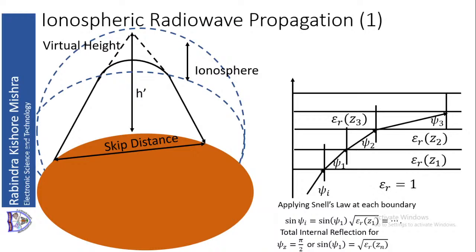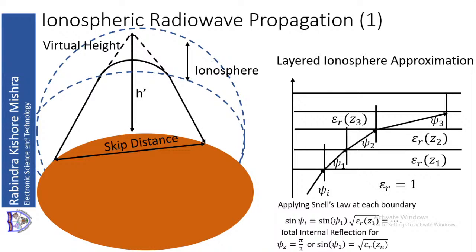In this case, it is possible to have communication over a large distance because of the reflection, or the bending of the wave, through the ionosphere, provided we have the proper frequency and proper angle of incidence. Now the distance between the transmitting point and the receiving point is called the skip distance.